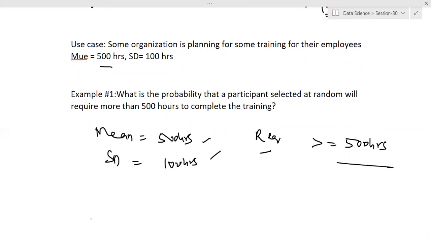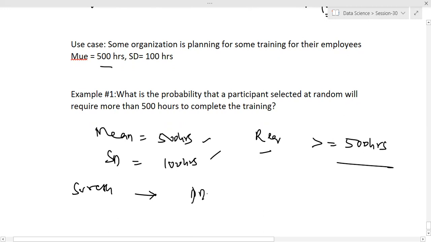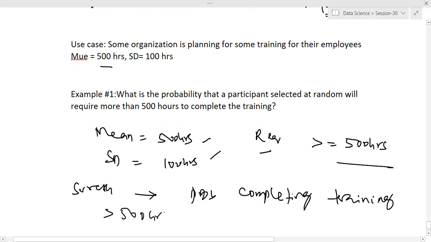Suppose the manager is Suresh, and I have selected Suresh, and I want to get the probability of completing the training program in greater than 500 hours.